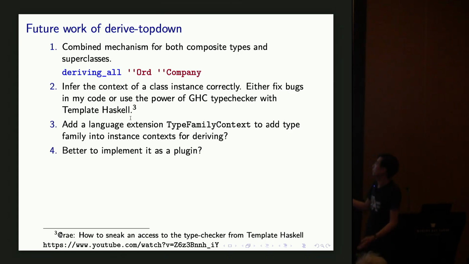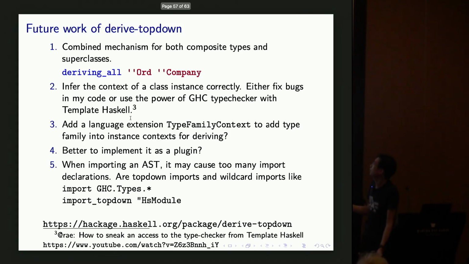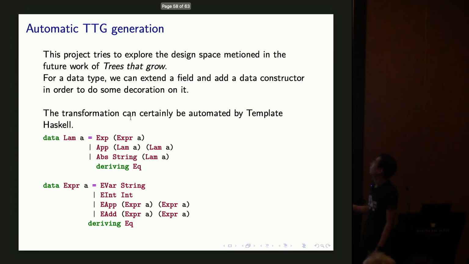Maybe I should implement this as a plugin. And maybe during the implementation, I find I have to import a lot of data types. Maybe import top-down is a good idea. I'm not sure. And next I want to talk about TDG generation.